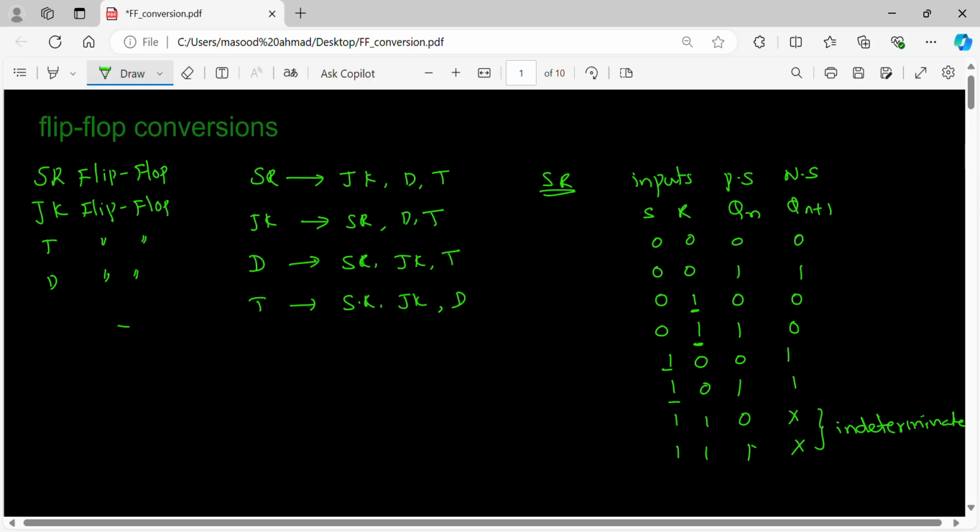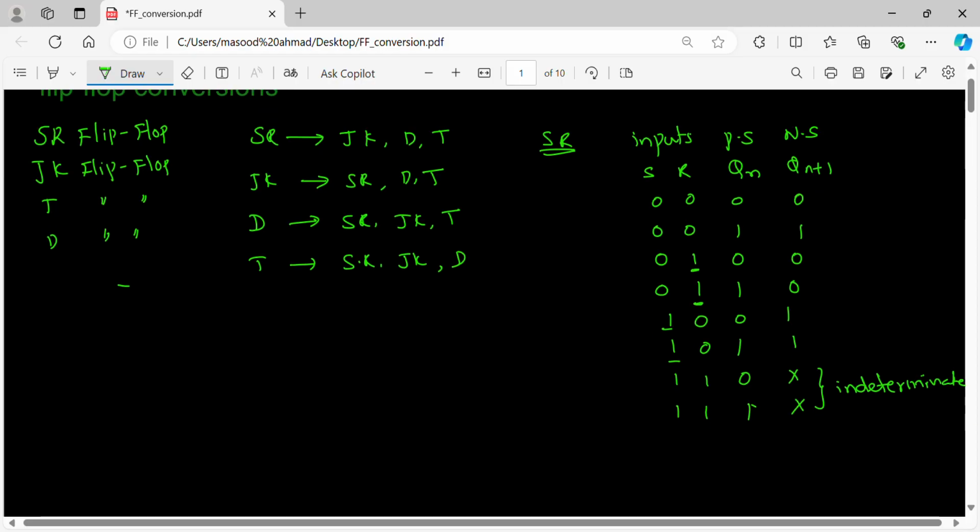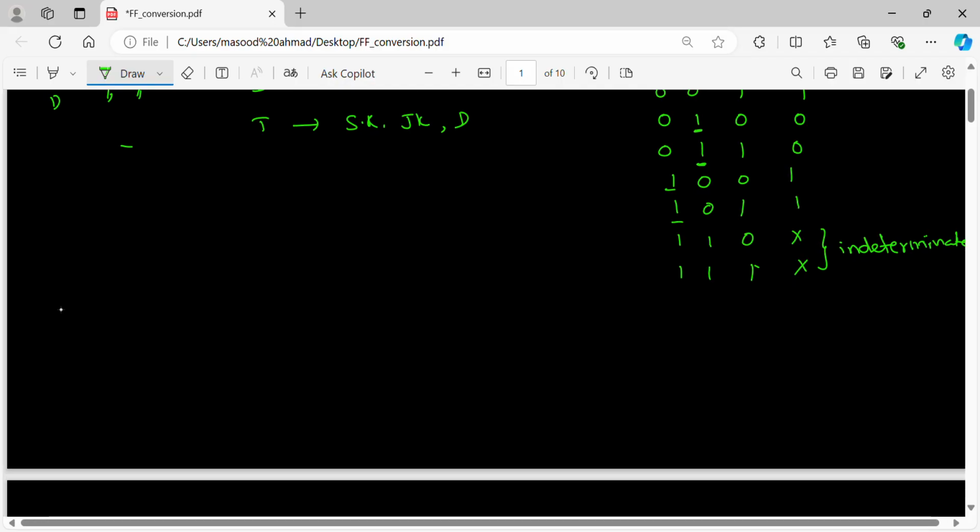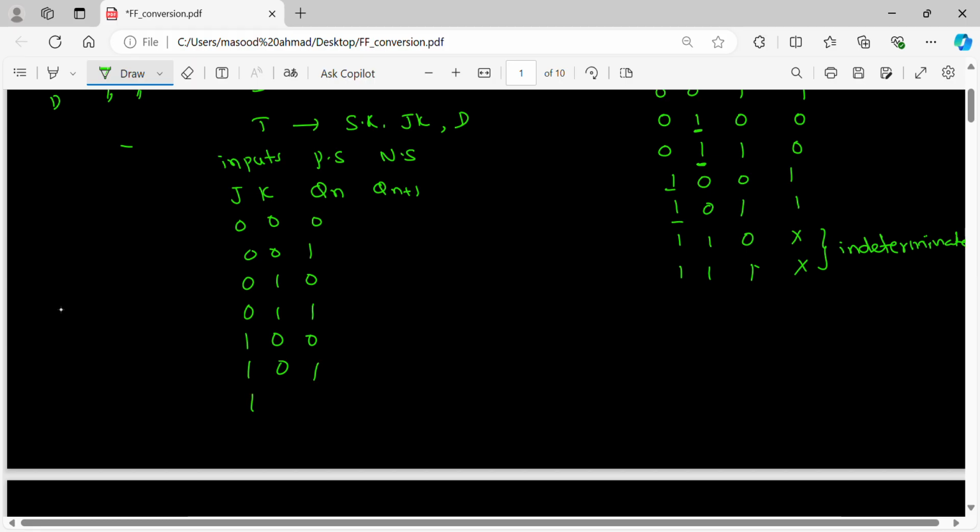If you look at the JK, it is the same as SR except for the last case. So let's look at that. The inputs are J and K, present state Qn, next state Qn plus 1. The rows are 0 0 0, 0 0 1, 0 1 0, 0 1 1, 1 0 0, 1 0 1, 1 1 0, 1 1 1.